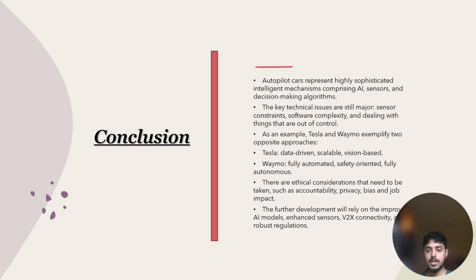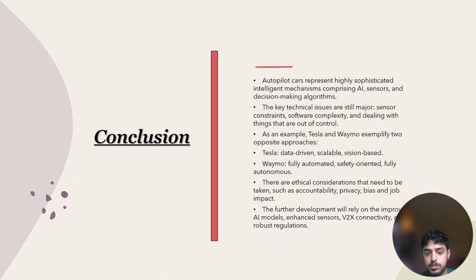At last, we are heading to conclusion. To conclude, self-driving car are a powerful example of intelligent system that integrate AI perception and control mechanism to operate autonomously. However, they still face significant hardware and software challenges, especially in perception, prediction, and decision making.